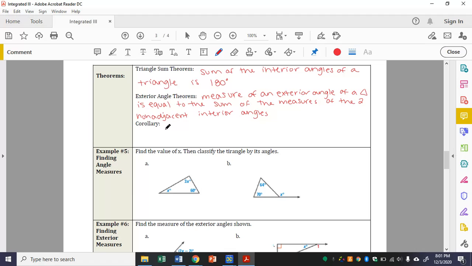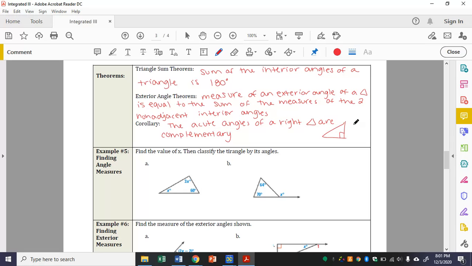So the acute angles of a right triangle are going to be complementary. And we learned that the word complementary means that they add up to 90 degrees. So if you think about this, using the information that we know from the triangle sum theorem, if I picture a right triangle here, then I have a right angle.